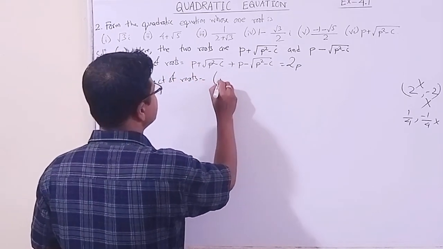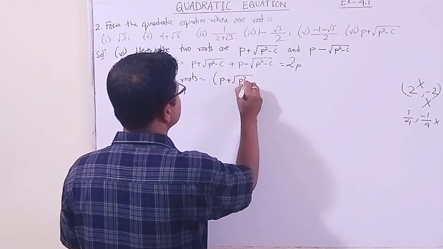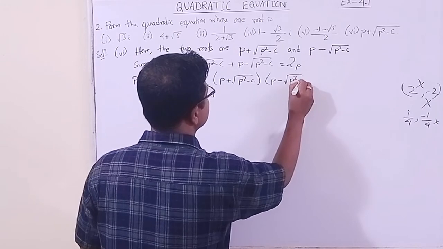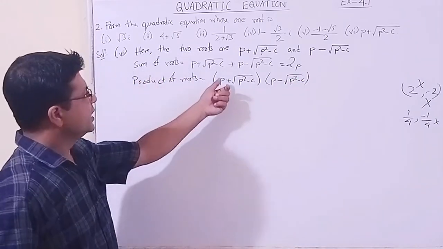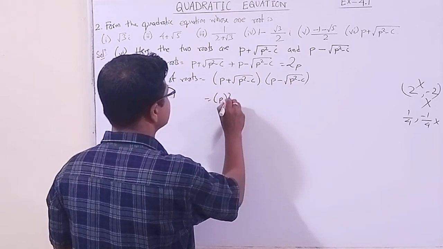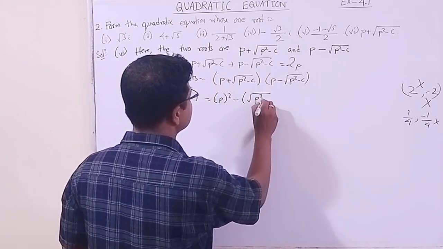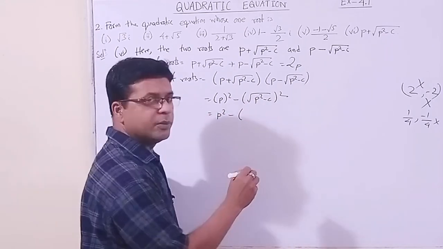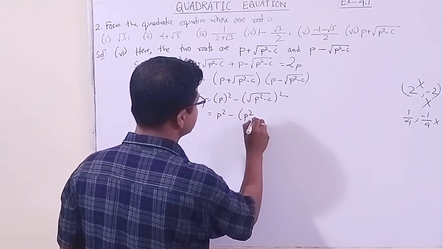Next, product of roots. So this is p plus root over p square minus c, into p minus root over p square minus c. You see, they are in the form a plus b into a minus b, which is a square minus b square. So this is p square minus, the square root will be removed. So what will be left here?